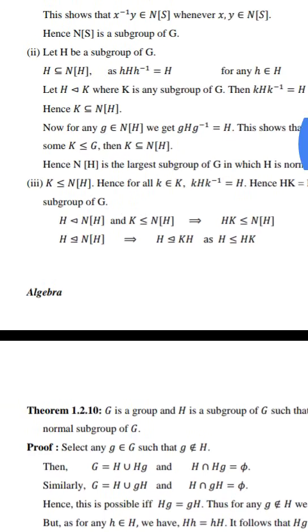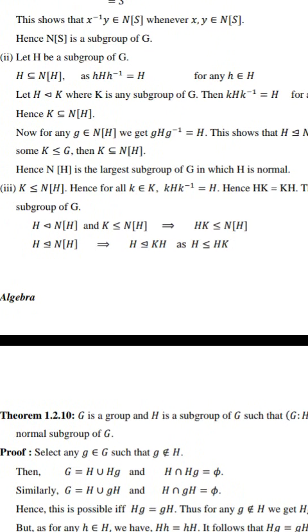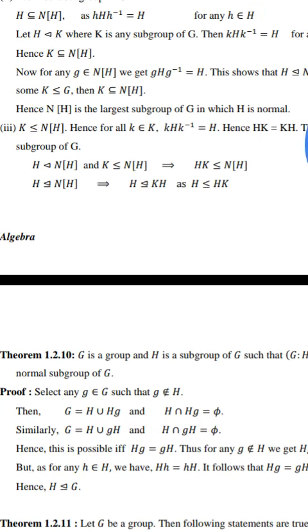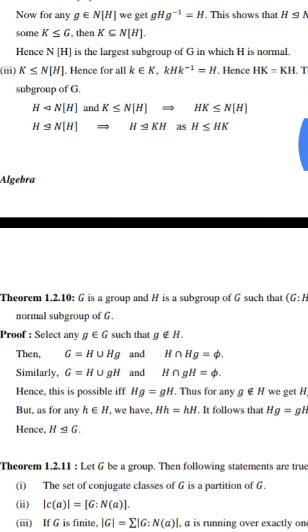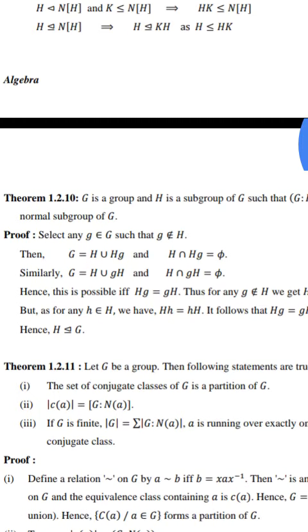This shows that HK is a subgroup of G. Therefore H is normal in N(H) and K is a subgroup of N(H), and therefore HK is a subgroup of N(H). Therefore H is a normal subgroup of HK.